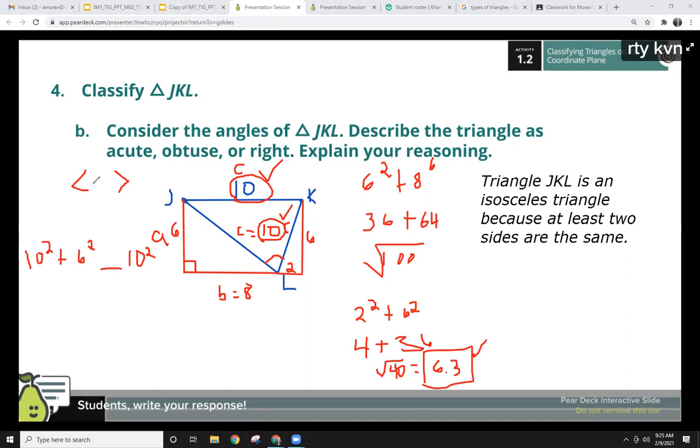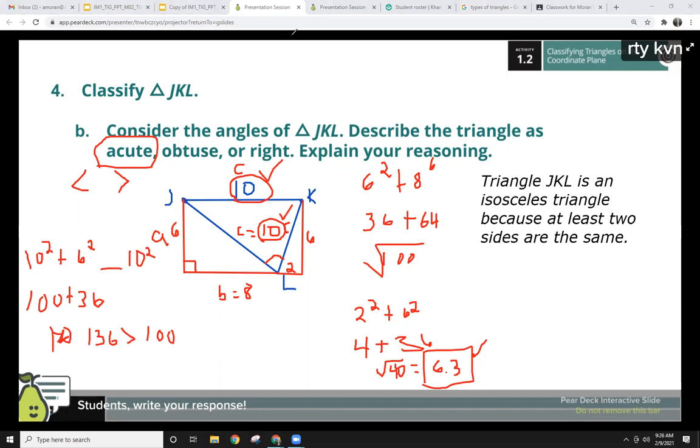The first one is the legs are smaller, this one's the hypotenuse. Let me just work it out. So this is 100 plus 36. So this is 136, sorry. 136, which is greater than 100. So that means the hypotenuse is smaller. And if the hypotenuse is smaller, then it's going to be an acute triangle.